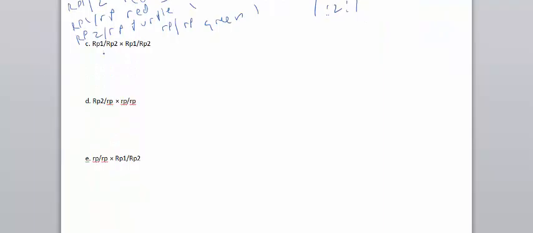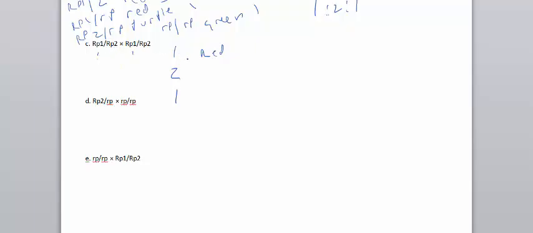This one, RP1 RP2, RP1 RP2, that's 2 heterozygotes crossed together, so it's got to be 1 to 2 to 1, something to something. RP1 and RP1, that's going to be red. RP1 and RP2, it's going to be red.